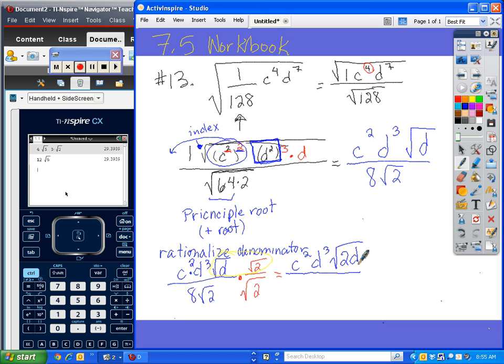And in my denominator here, I have 8 times the square root of 2 times the square root of 2. I put those together. So this becomes c squared d cubed square root of 2d divided by 8 times square root of 4, which is 8 times 2, which is 16.